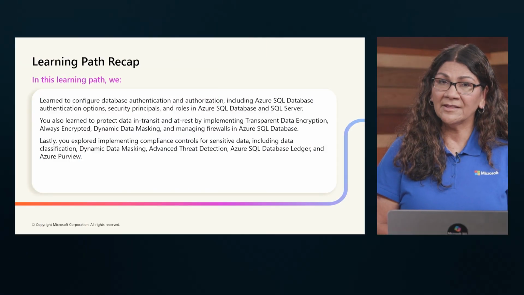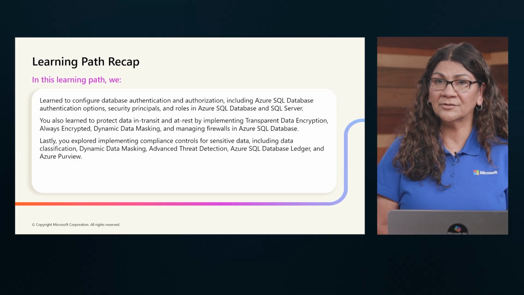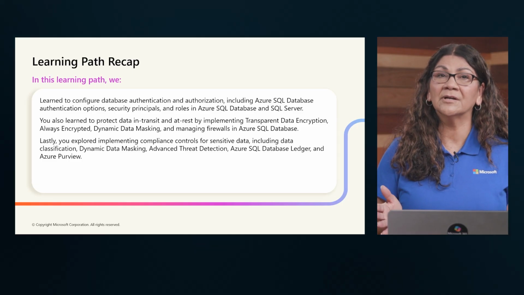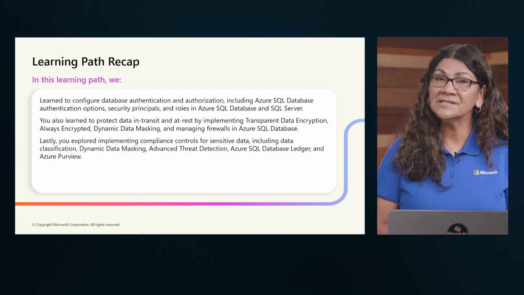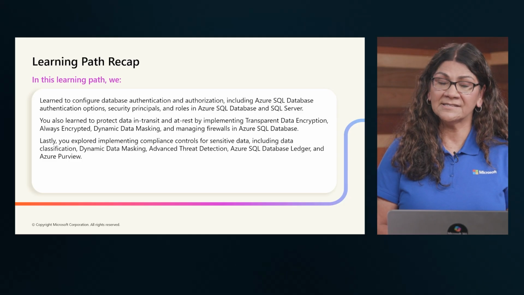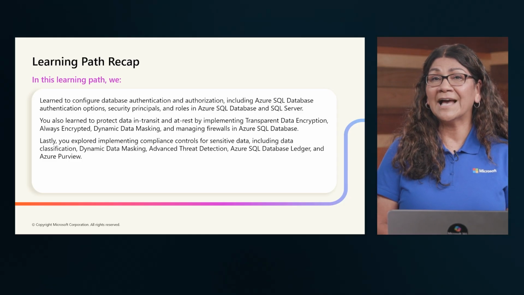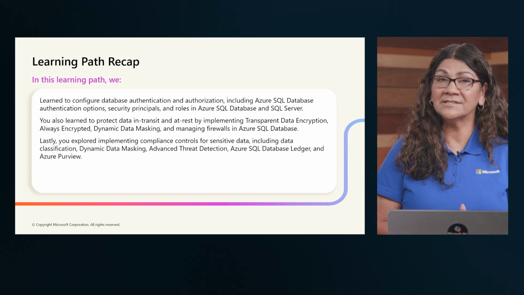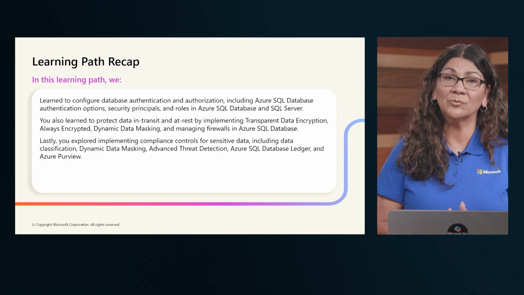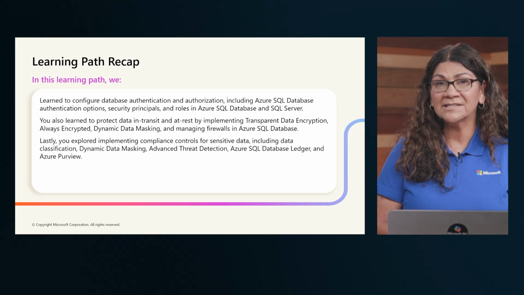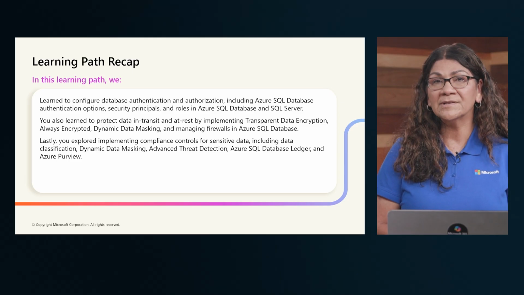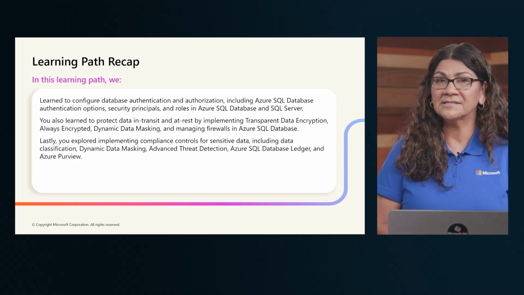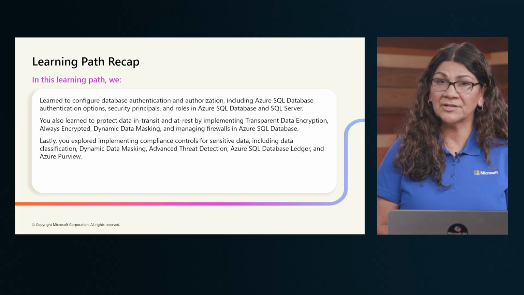In this learning path, we explored how to configure authentication and authorization in Azure SQL Database and in SQL Server, including key, principals, and role-based access. We also learned how to safeguard both data in transit and at rest using transparent data encryption, always encrypted, dynamic data masking, and firewall configurations.